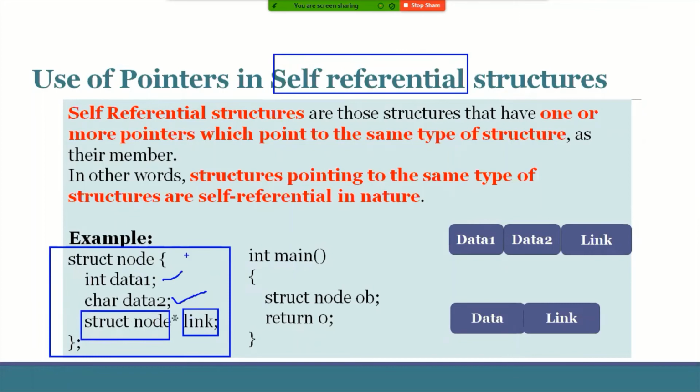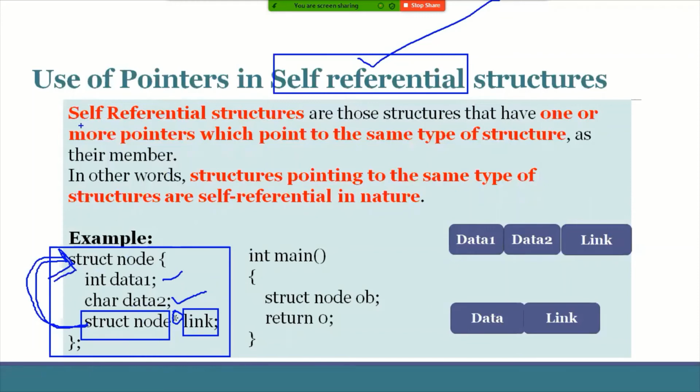If any one of the structure members is declared as a pointer and that one is qualified as the same structure type, then it is called a self-referential structure. Once again, if any one of the members is declared as a pointer variable, a pointer member, and qualified as the same structure type, then that structure is called a self-referential structure.